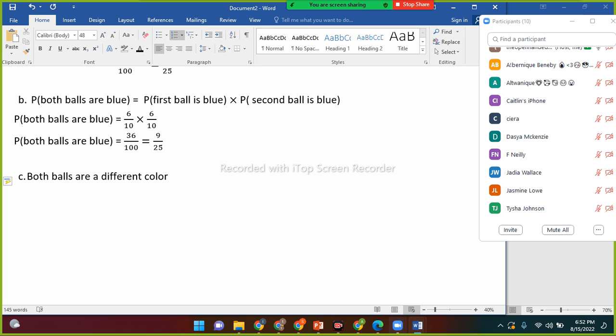So we already looked at the probability if both are blue and both are red. But what if we want the probability that both balls are a different color?